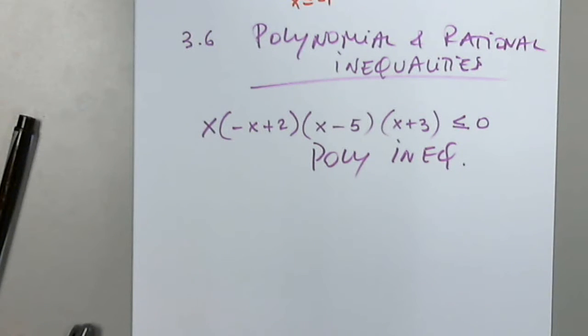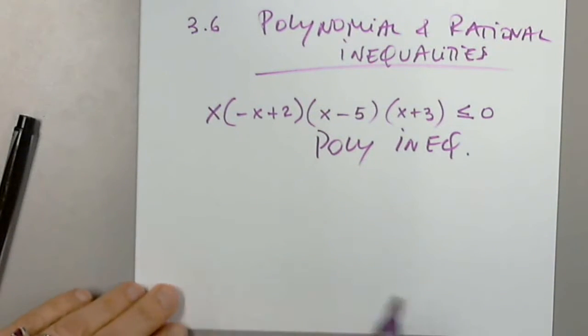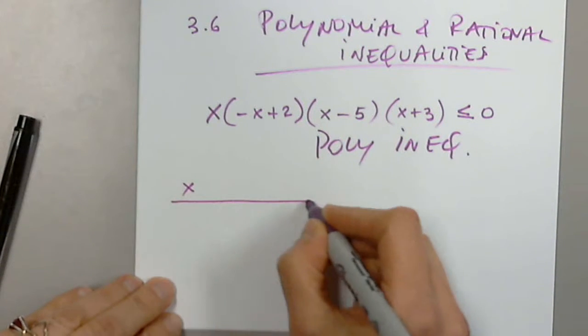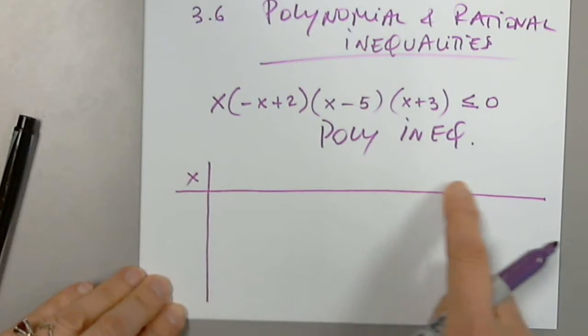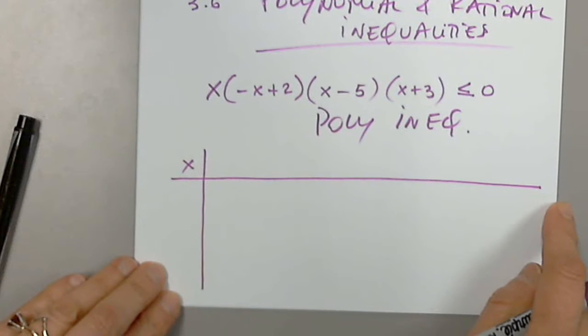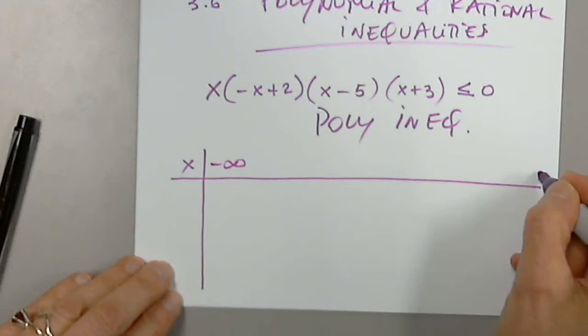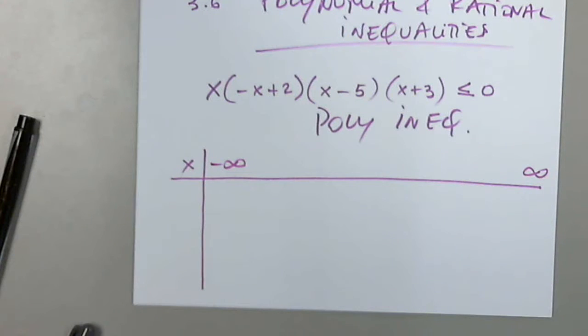So find x that makes the left-hand side less than or equal to 0. Agreed? Perfect. So how many factors do I see in this problem? Of course, you already told me degree 4, so it has 4 factors. Good. So this is the chart that I recommend. The first row is always the variable in the problem. And the variable in the problem can be anywhere between negative infinity and infinity.